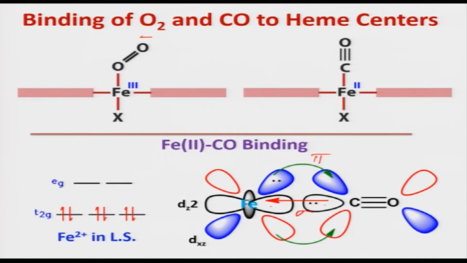So, for carbon monoxide and iron, if it is linear, that orbital overlap would be very good, and that is the reason why carbon monoxide always binds in a linear fashion.